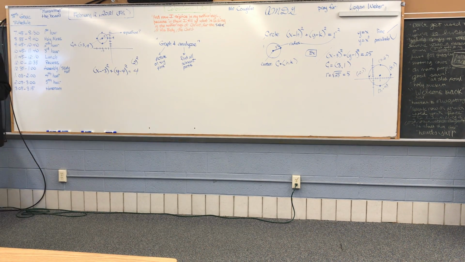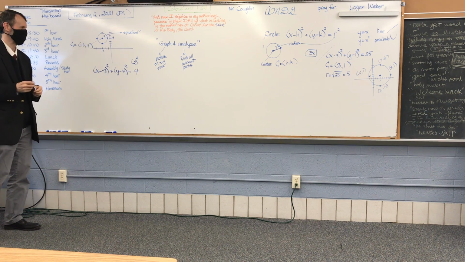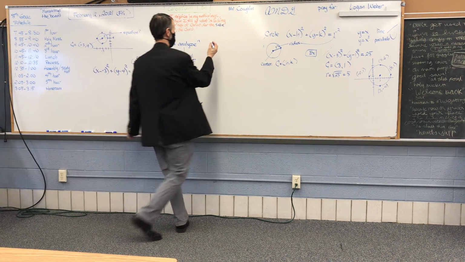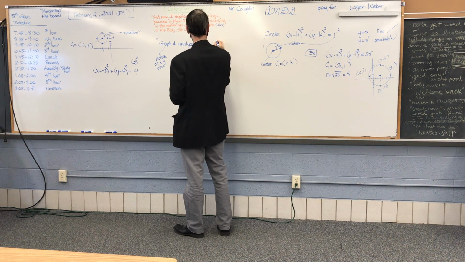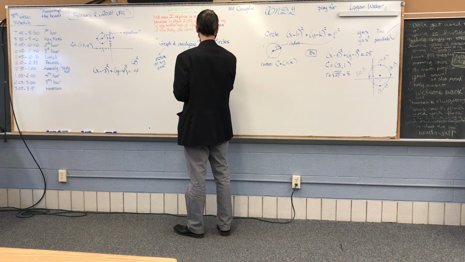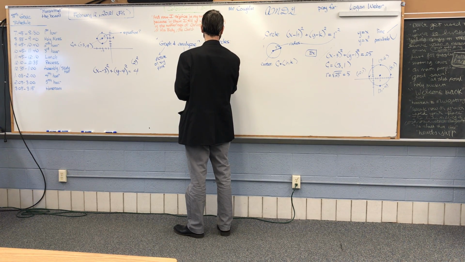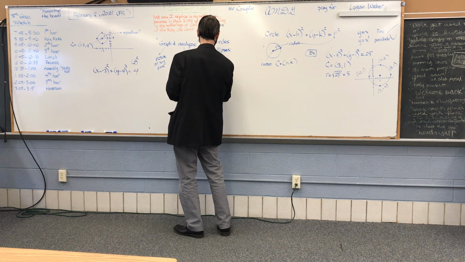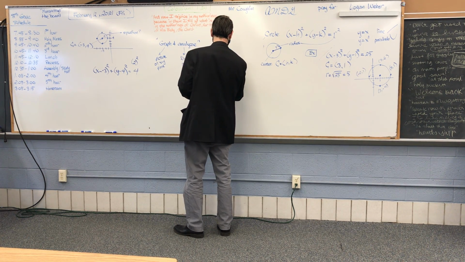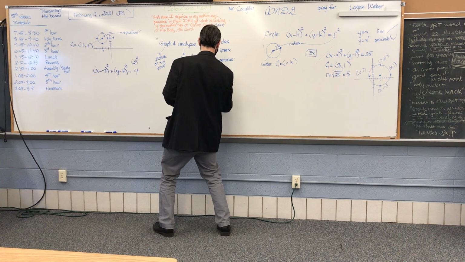Both of these will probably show up at least once during the chapter. Let me tell you what you have in store. There are 4 types of conics. We're going to study them in this order: circle, ellipses, hyperbolas, parabolas.